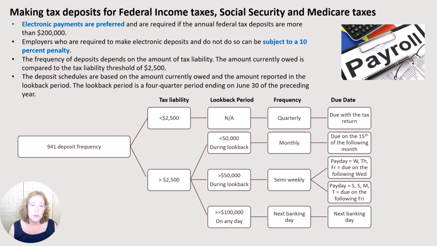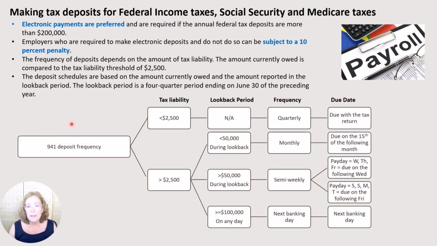The basis for determining the deposit frequency are the amount owed and the amount reported in the look-back period. The look-back period is a 4-quarter period ending on June 30th of the preceding year. Let's look at the graphic.